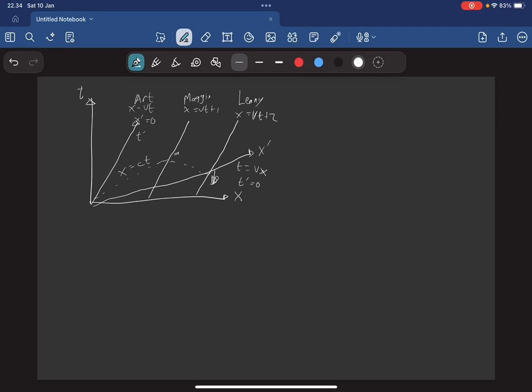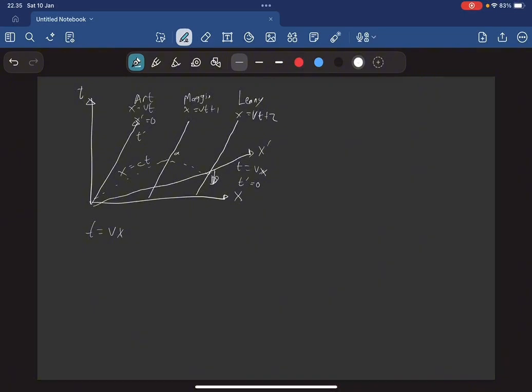This figure shows our space-time diagram with x prime and t prime axes drawn. The line t equals vx, or what is really a three-dimensional surface in the space-time map when the two other coordinates y and z are accounted for, has the important property that on it all the clocks in the moving frame record the same value of t prime.